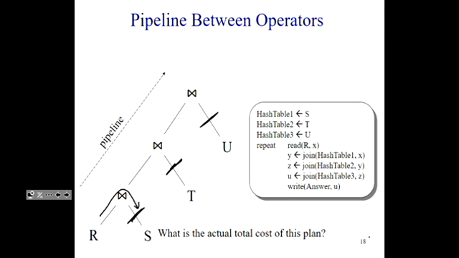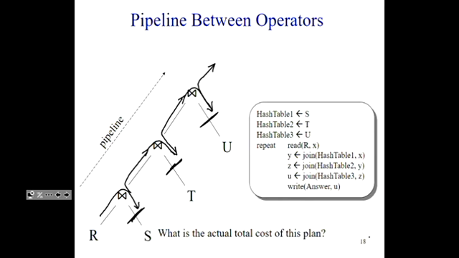And then compute the join of that tuple with S, and then we'll send it to the next operator. We're not going to materialize it. We'll just send it to the next operator. The next operator is going to use this new joined tuples to probe T, okay, which is a hash table on T. Once again, the result is going to be directly pipelined to the next operator. You're not going to store it on disk. And this is going to be looked up into U. And then finally, the final joined tuples will be returned to the user or written out.